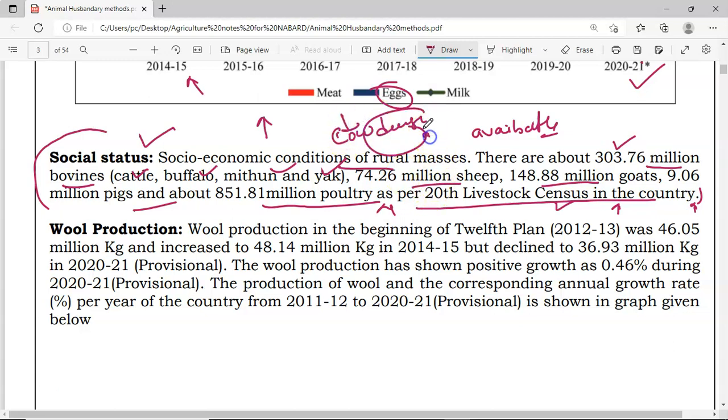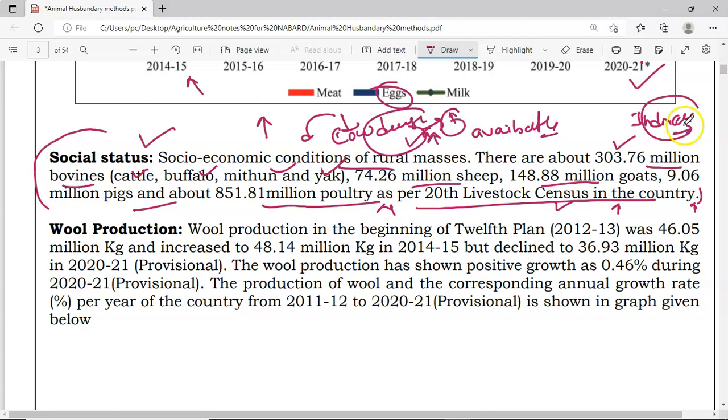With the help of this cow dung, most rural people are earning some livelihood. Why? Because it can be used in fertilizers or as organic manure. It can also be used for other purposes. So the indirect benefits of livestock can be many.